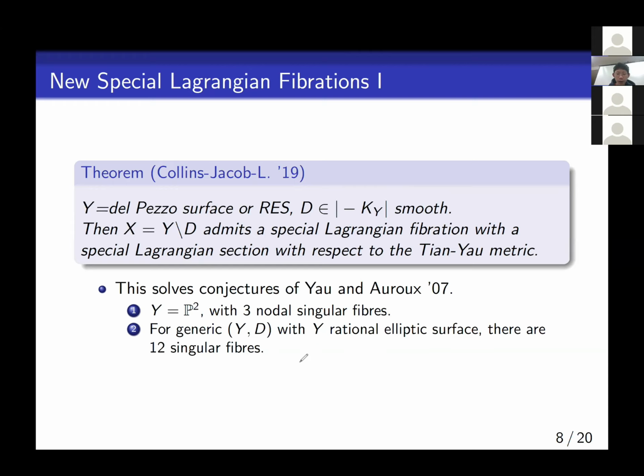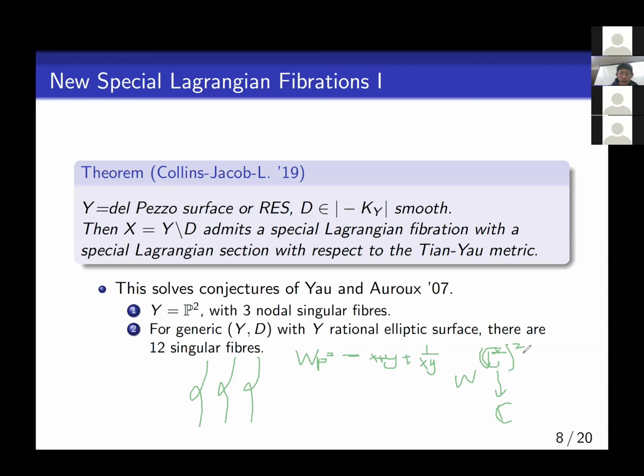recall that the mirror of P2 is a superpotential, x plus y plus 1 over xy, from (C star) squared to C. And so this guy has 3 singular fibers.